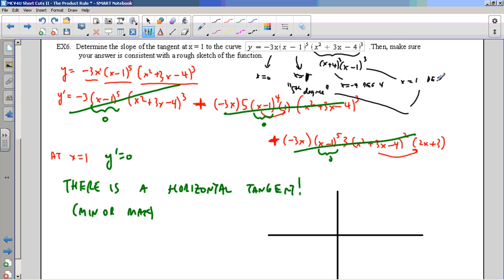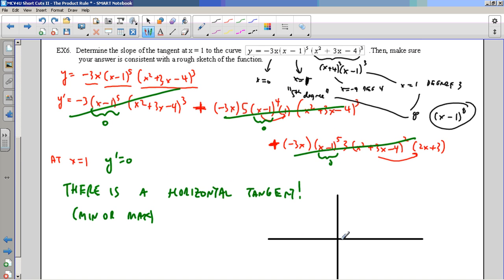right? Degree 3, so 8 copies of x minus 1 altogether as far as our root is concerned for our sketch. So I got 0, I've got 1, and it's actually an 8th root. It's going to be a bounce now. And where was the other one? -4.